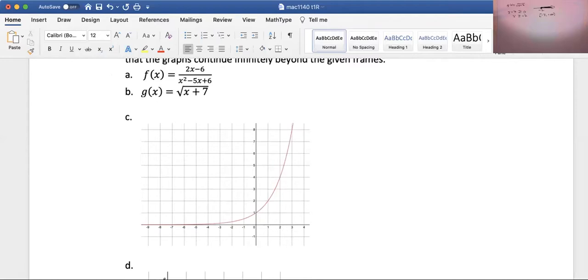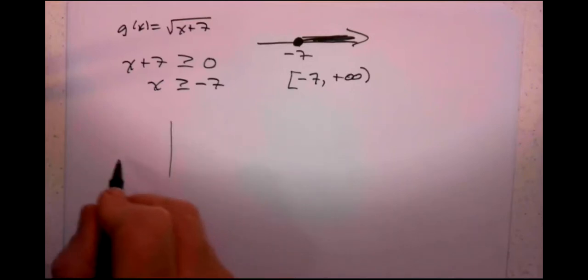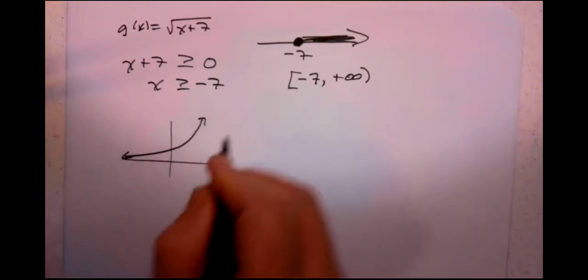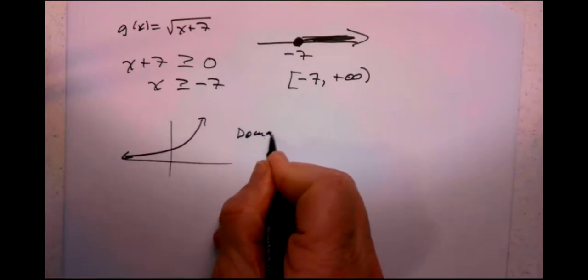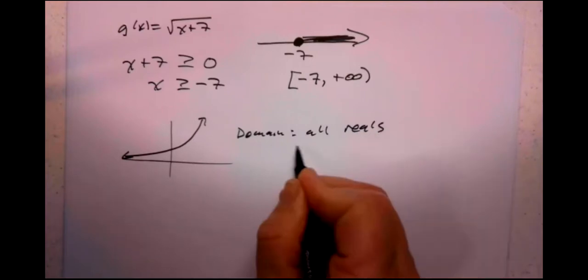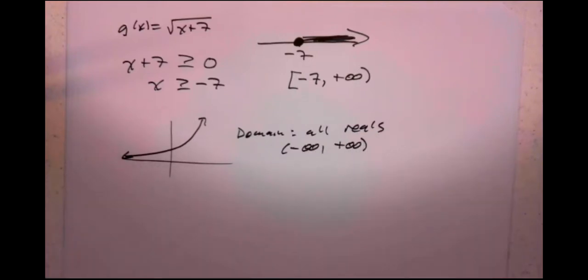So we would say about this function that looks like a kind of function we will study this semester, heading that way, heading that way. The domain is all reals, which we will write in interval notation as minus infinity to plus infinity. Okay, what do we have next?